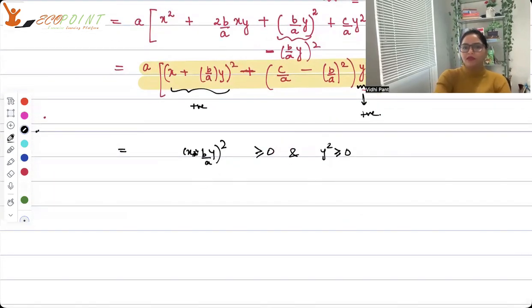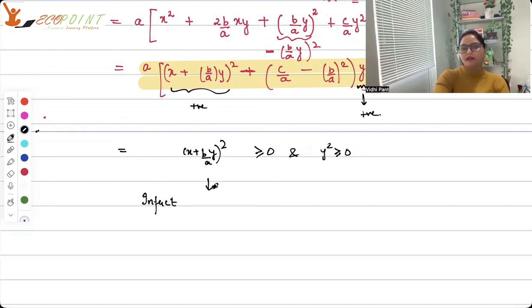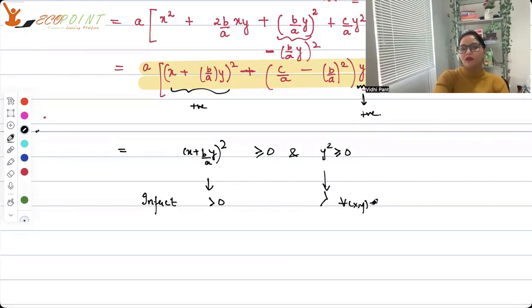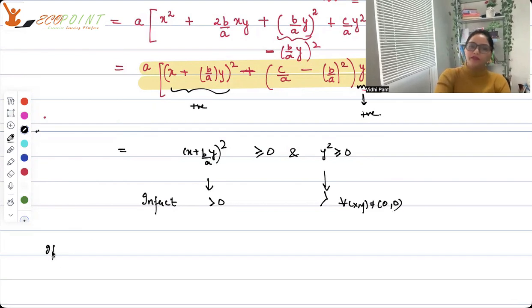In fact, they both are strictly greater than 0 also. In fact, they are strictly greater than 0 for all x, y not equal to 0, 0. All right.